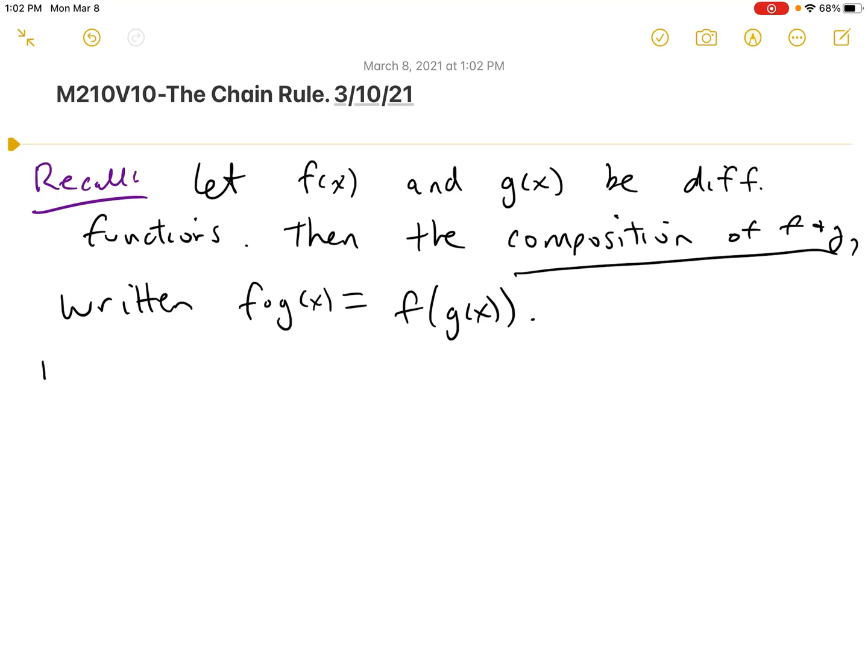So let's look at some examples here. We're going to let f of x be the sine of x, and g of x is x squared minus 4.